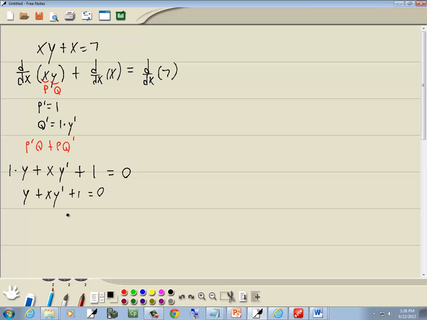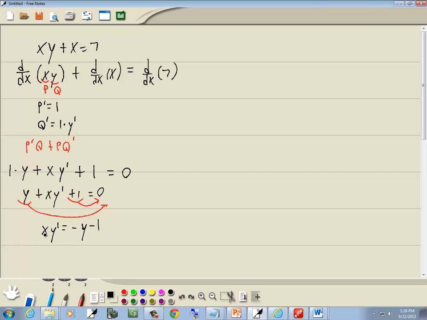Now we want to solve for y prime. So I'm going to get everything with y prime on one side, everything else on the other side. So I'm going to take this 1 over, and I'll take this y over. And that gives us x y prime is equal to negative y minus 1.